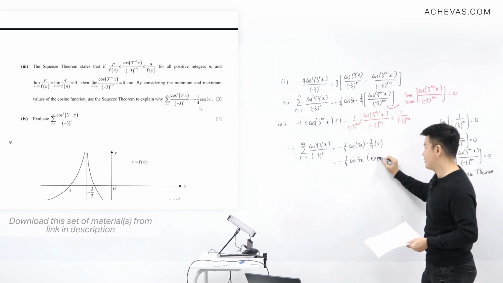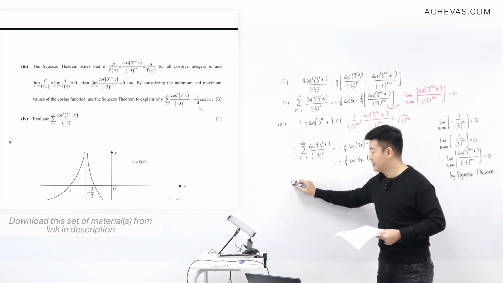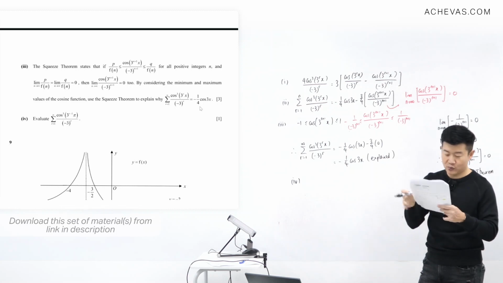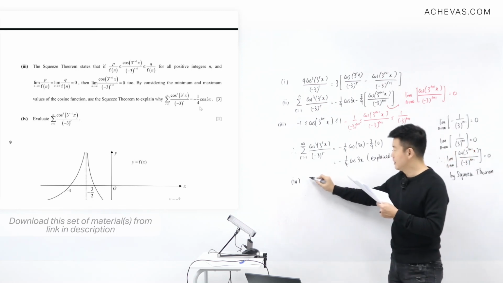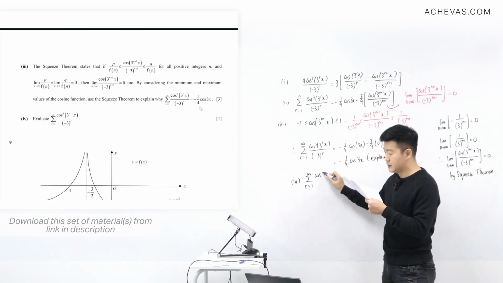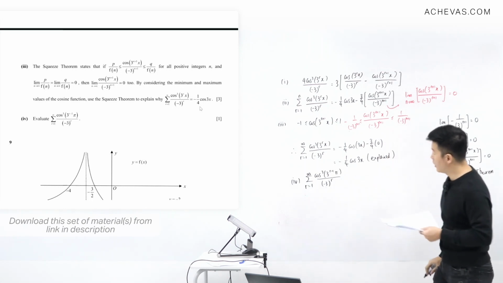So, I'm going to write down the word explained. Okay, so it is this. Then the last one here is actually pretty okay. The last one, we are supposed to evaluate the sum from r equals 1 to infinity of cosine cube 3 to the power of r minus 1 pi divided by negative 3 to the power of r.